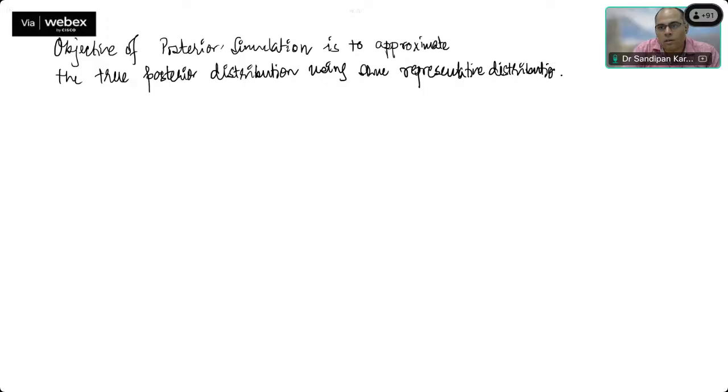Now there can be two main categories of methods. One is sampling based methods, and another is optimization based methods.